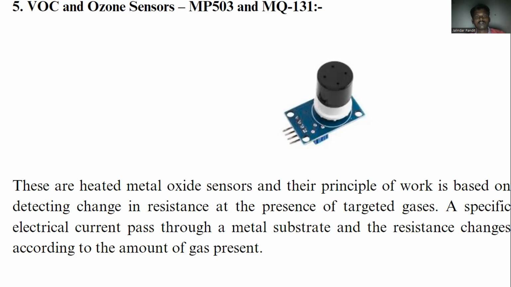The principle of work is to detect the change in resistance in the presence of the target gas. A specific electric current passes through the metal substrate, and the resistance changes according to the amount of gas present.